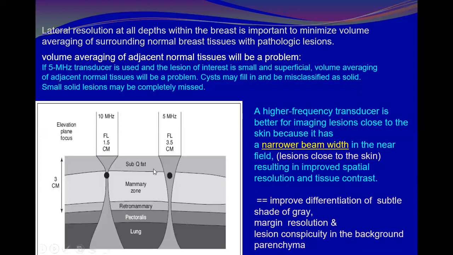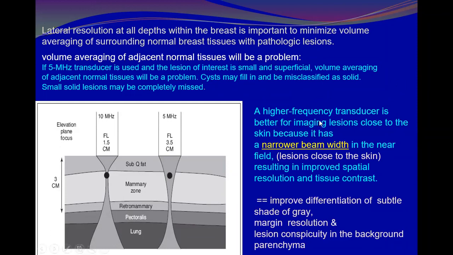If you have a cyst and you see it here, definitely the cyst will be sharply demarcated, okay, and you will see it as anechoic structures. But if it falls within these regions, you will see the cyst as might be hypoechoic, looking like a soft tissue lesion, or it might be completely misinterpreted. Is it clear?